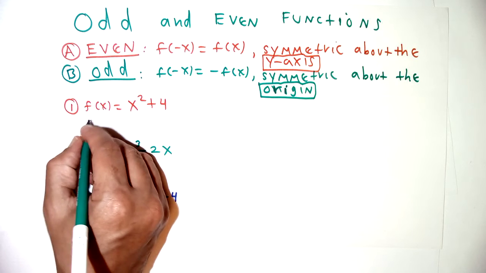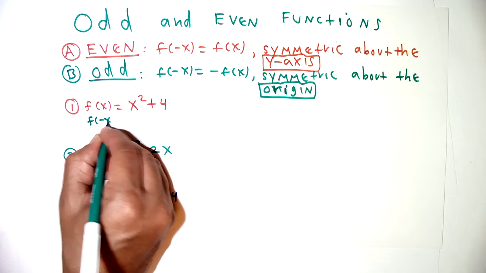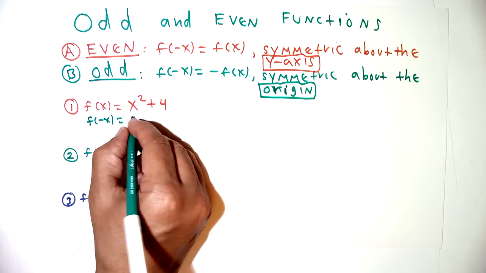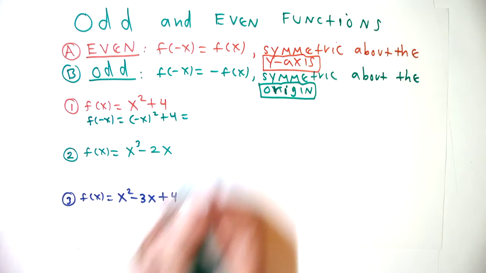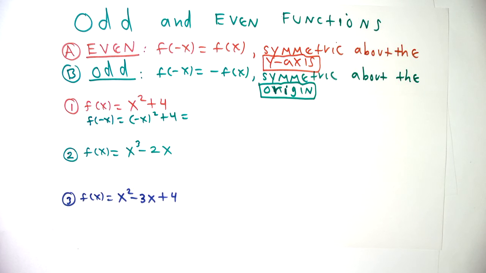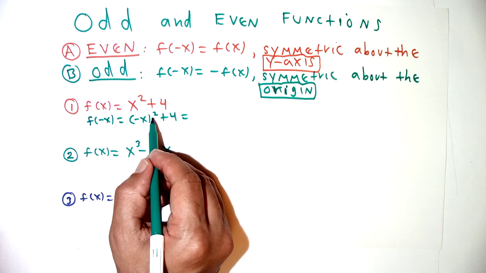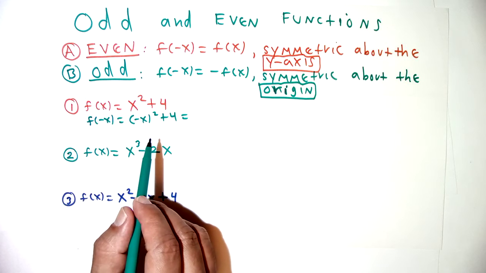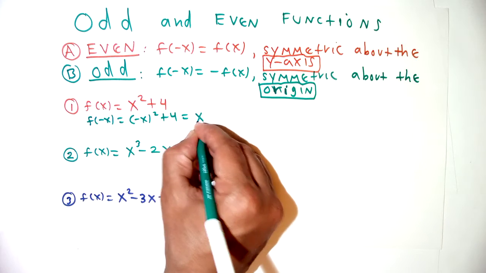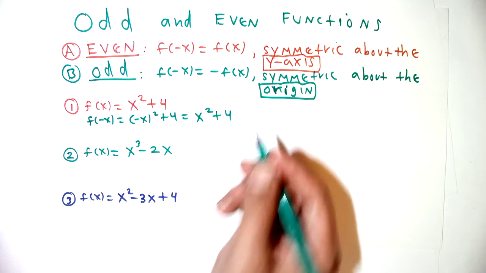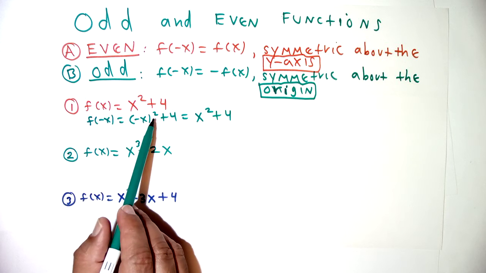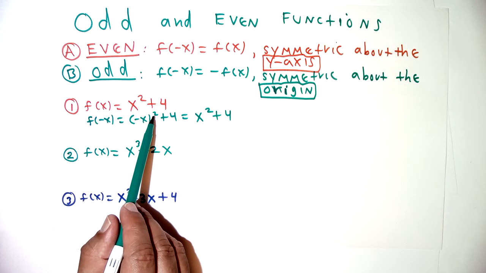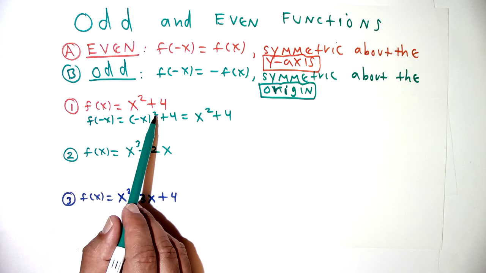The first thing that I'm going to do is replace negative x. I'm going to replace it here since there is only one variable. If you look at it, negative x to the second is basically x to the second. Don't forget that anytime you're replacing a negative and the exponent is an even number, automatically you're going to end up getting positive.